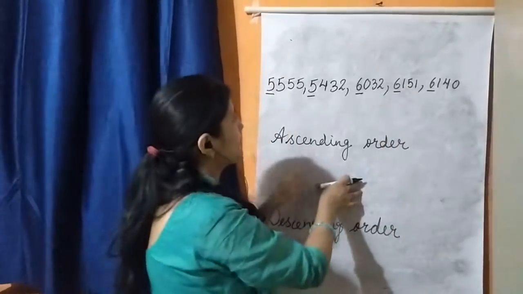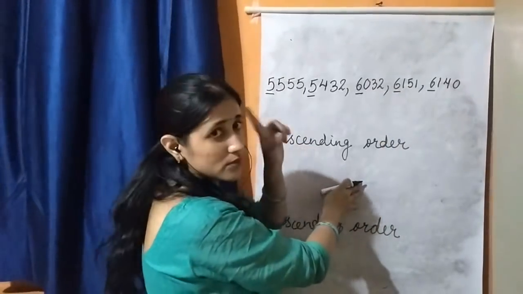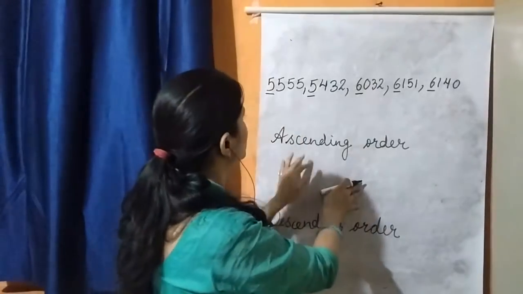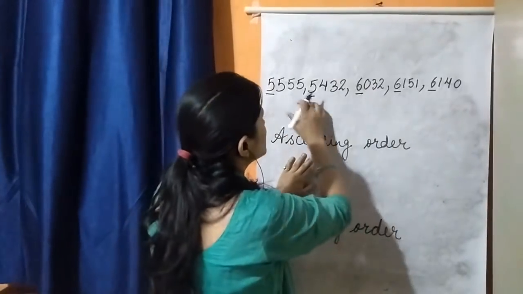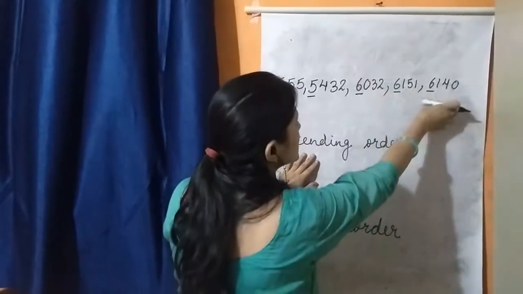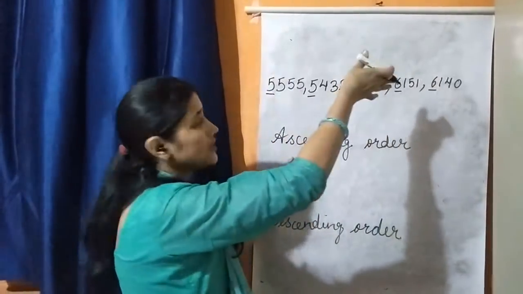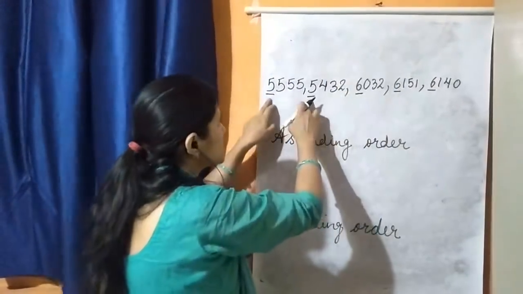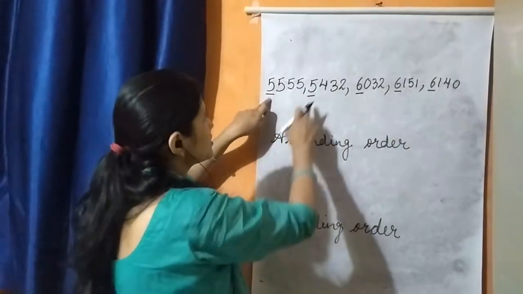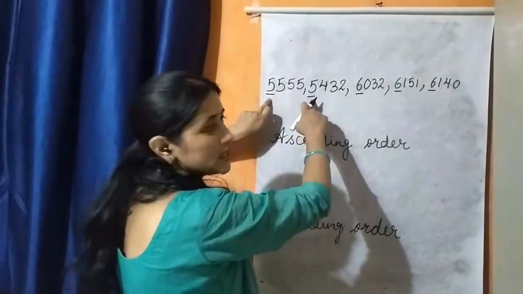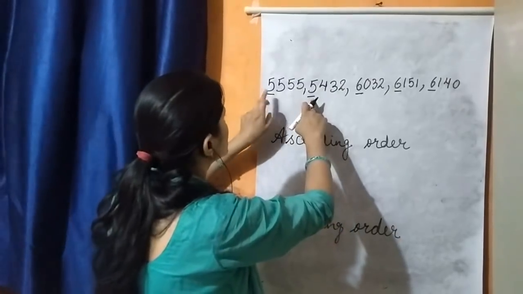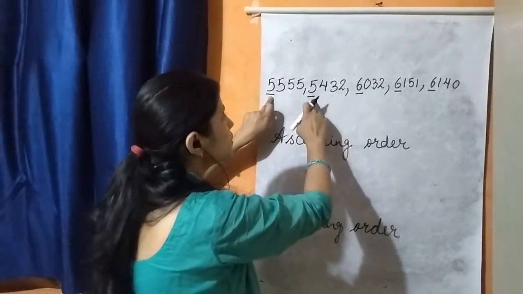For ascending order we have to start writing from the smallest one. These 2 have 5, and these 3 have 6 at their thousands place. So we will leave them, and firstly for writing our smallest number we will compare these 2. The highest place value is 5 here also and here also.